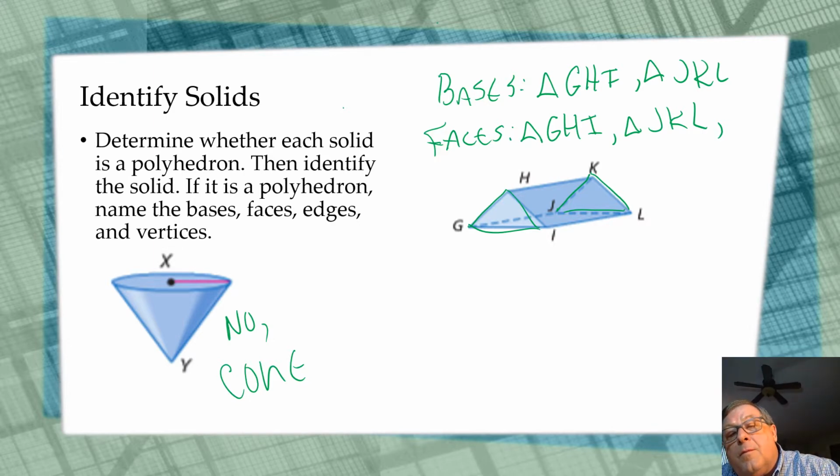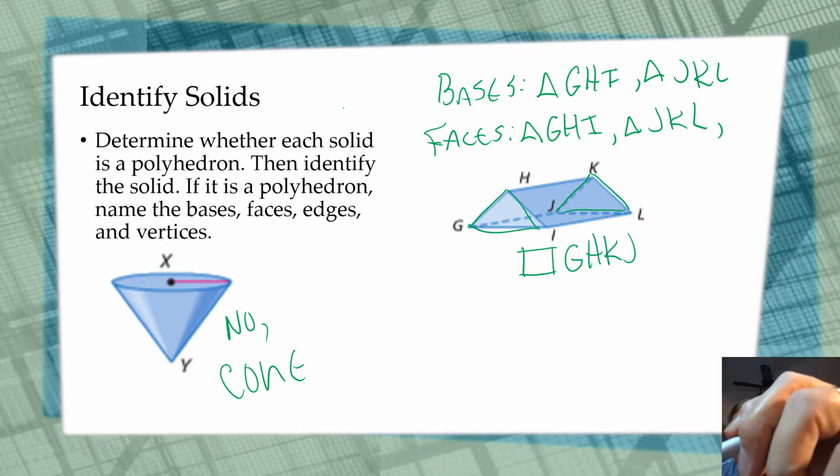I'm going to drop it down here. This is still part of the faces. So I've got a quadrilateral. Let's call it GHKJ. That's this back area back here.